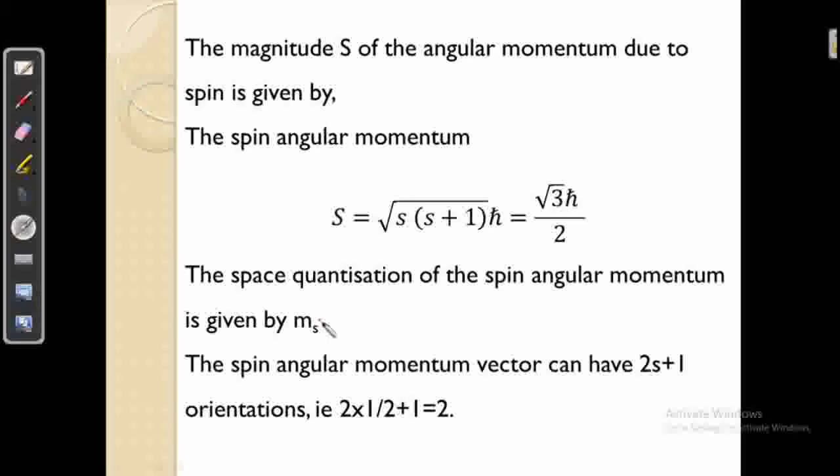The spin magnetic quantum number, represented by ms, actually gives the orientation of this spin in space. So there are two possible orientations for this spin angular momentum.